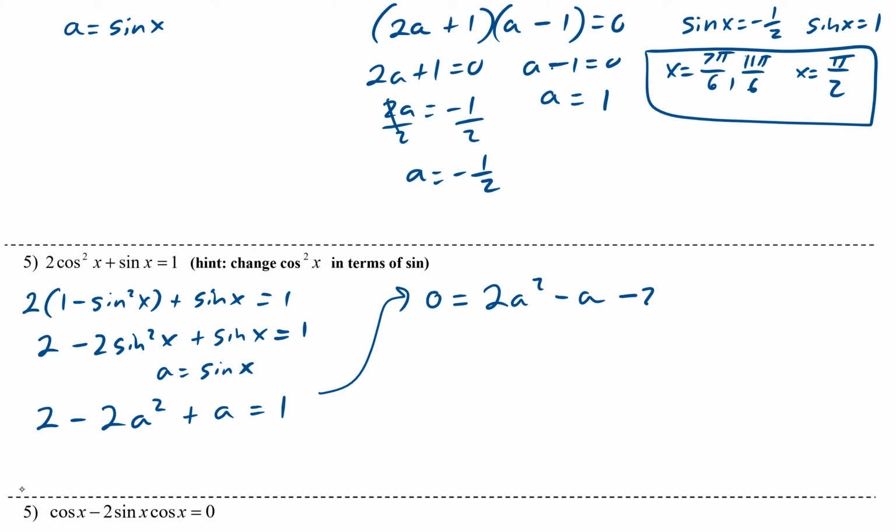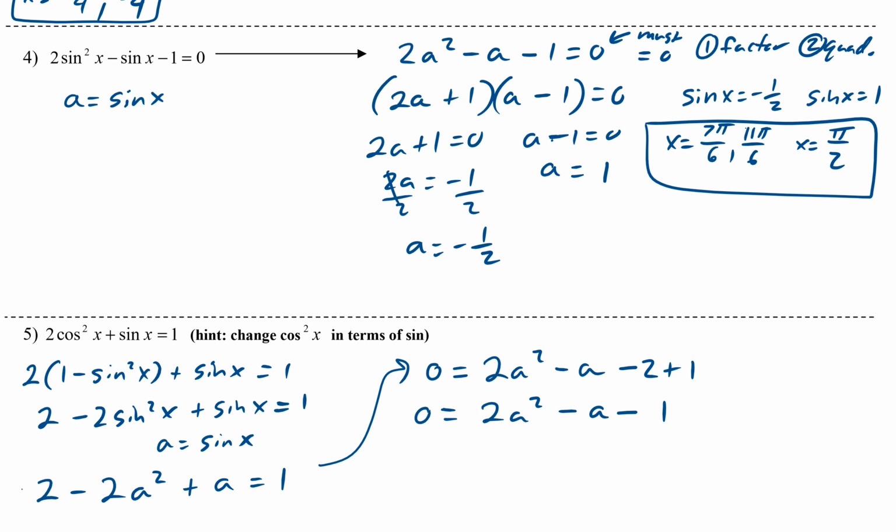Positive 2 would become minus 2. And then we have a plus 1 sitting over there. So this is equal to 0, 2a squared minus a minus 1, which is exactly the same equation we have above. So we don't actually have to solve this one. We already did. So we already know after doing all the work, our x will equal 7 pi over 6, 11 pi over 6, and pi over 2.